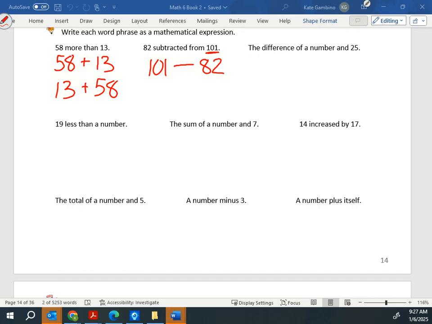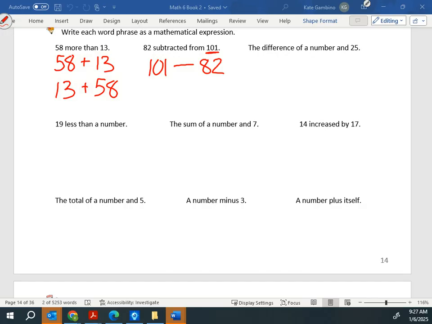Because we are in big cube math, we work with negative numbers now. Sometimes you'll put the small number first minus the big number because the answer is going to be negative. So you can't always say, oh, big number first minus the small number. That's not the case. We have to look at the order and the words being used.